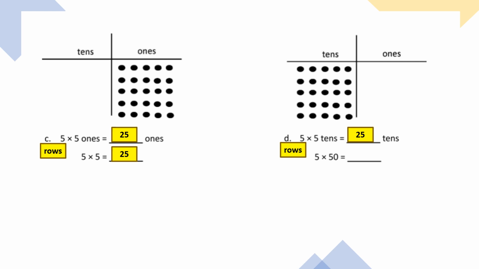Now 5 rows of 5 tens is the same thing as saying 5 times 50. Well, again, if we just focus on the first two numbers, 5 times 5, we know that 5 times 5 is 25. And all we have to do to answer the question of 5 times 50 is put a 0 in the ones place after 5 times 5. Well, 5 times 5 is 25, and we put a 0 in the ones place, and that gives us our answer of 250.